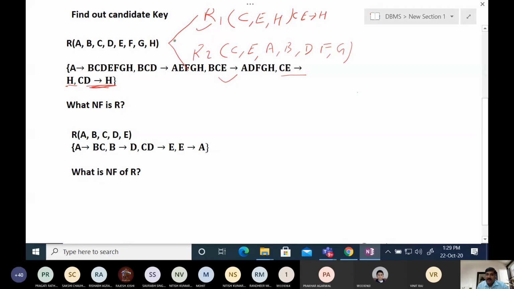But if all the dependencies are preserved after decomposition, then you will say that our decomposition is very good. Did you get it? What I am saying? Yes, sir.